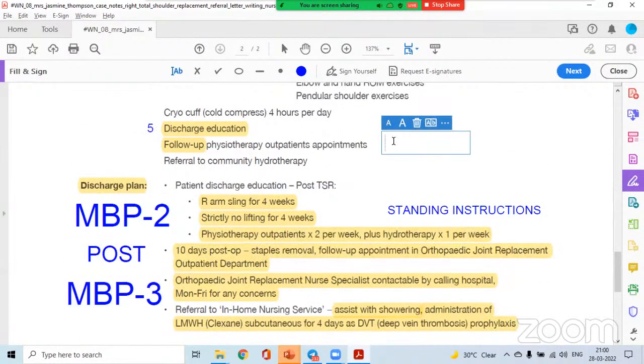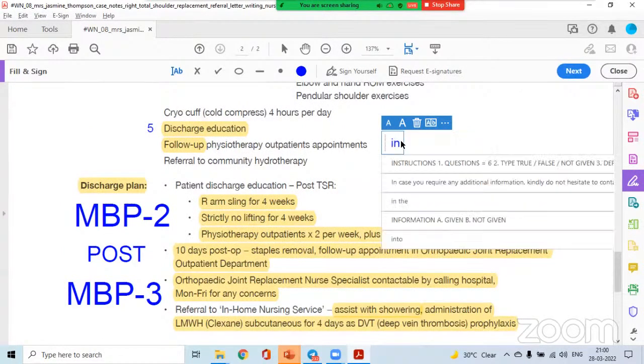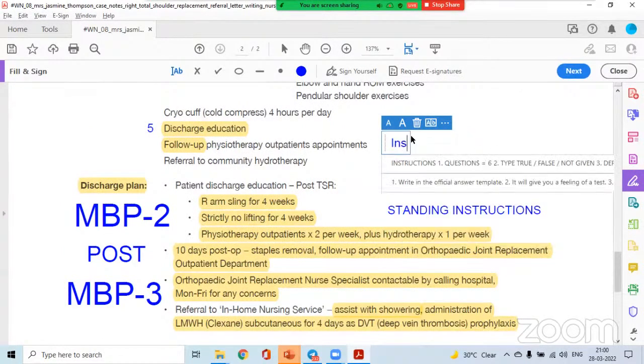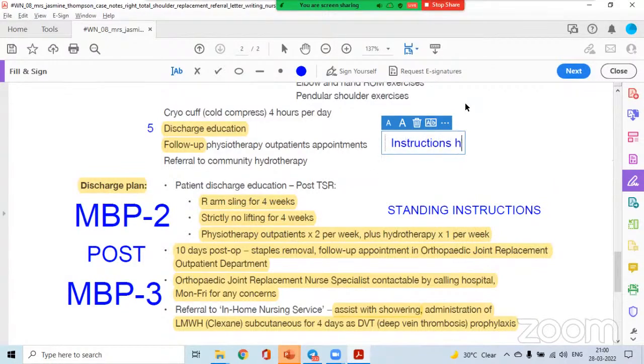So how can we say it? Instructions have been given to refrain from lifting heavy objects.